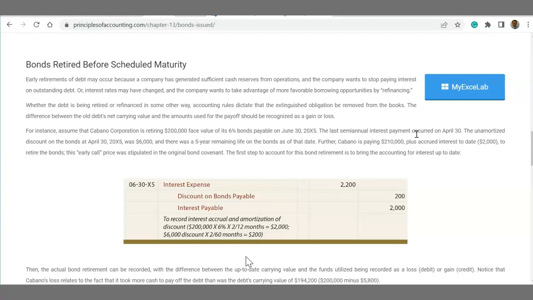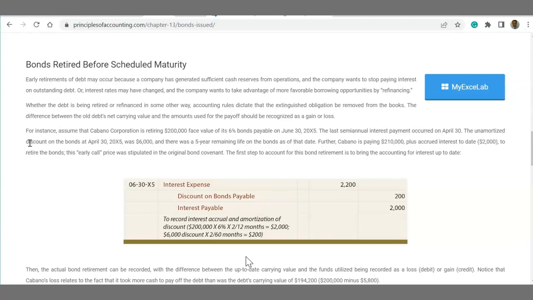The first semi-annual interest payment accrued on April 30th. The unamortized discount on the bonds on April 30th was $6,000, and there was a 5-year remaining life on the bond as of that date.